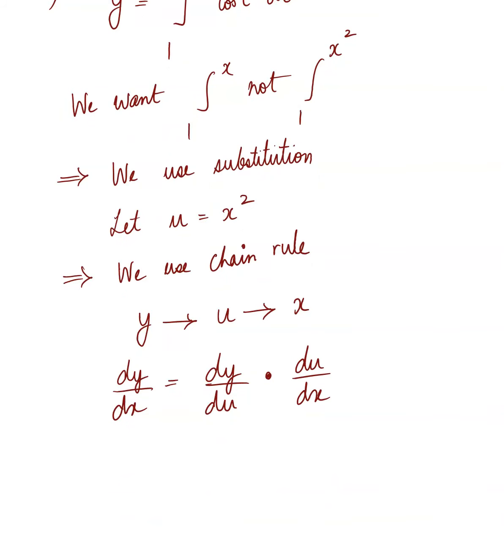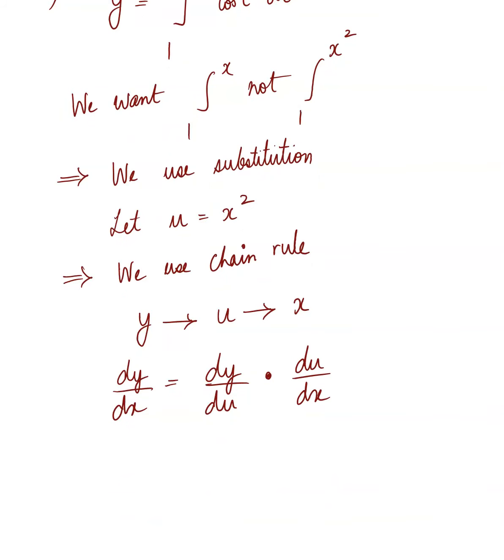It gives you this f of u, because it was with respect to u. If it was dy over dx, then this would be f of x. So it's always with respect to what we derive that will come in here as per the theorem. And f of t is cosine t, so f of u will be cosine u times du over dx.